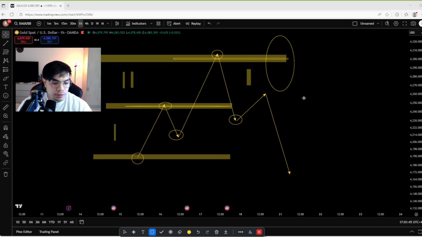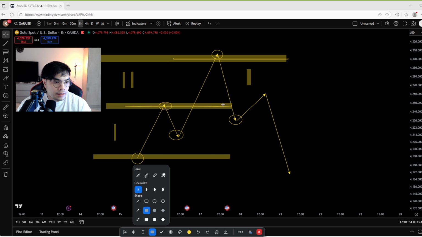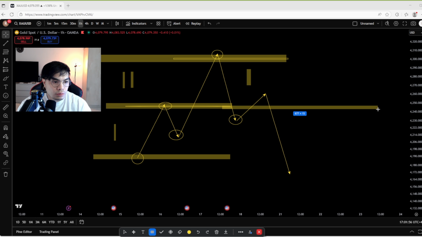So right now, as you can see, we have price moving down. And this is going to be your range 1, and this is going to be range 2 after you break out of this range, right?